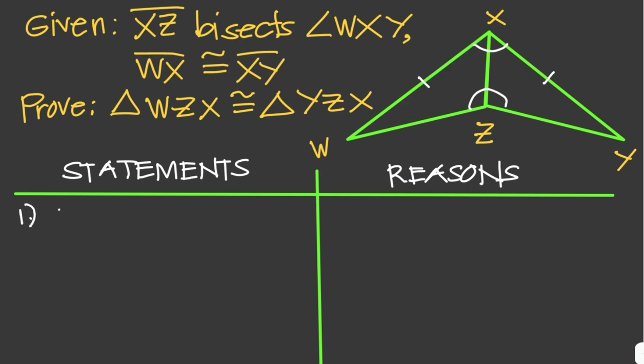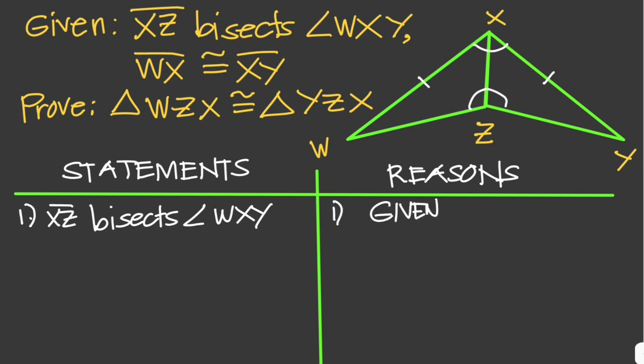So we have segment XZ bisects angle WXY. This is given. Then segment WX is congruent to segment XY. This is also given.